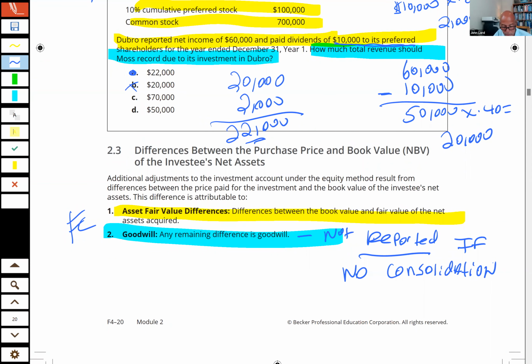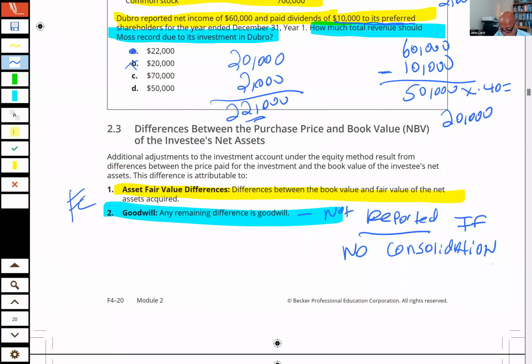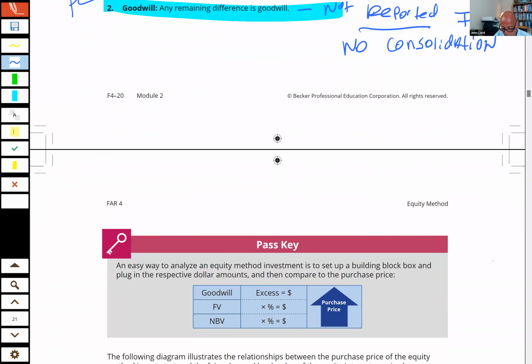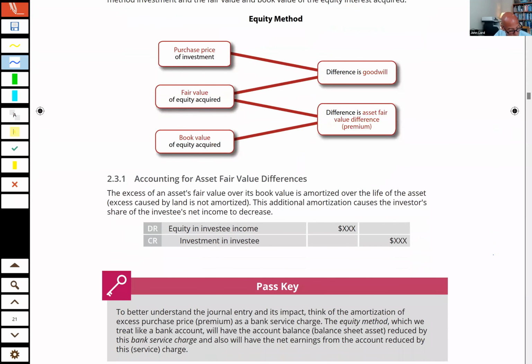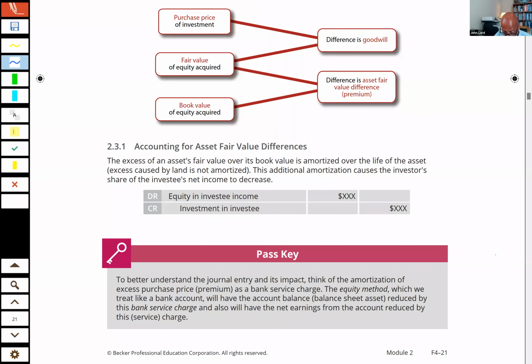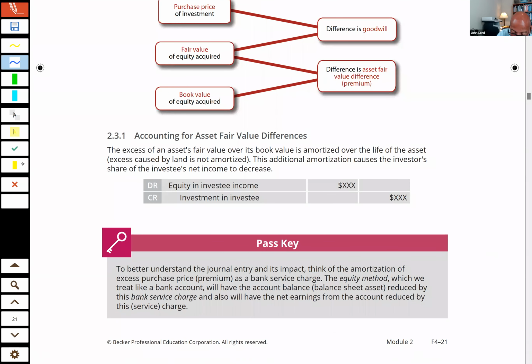All right, so let's take a look at what happens for the excess fair value. The excess of assets' fair value over book value is amortized over the life of the asset, unless the excess is attributed to land, because we don't depreciate land.